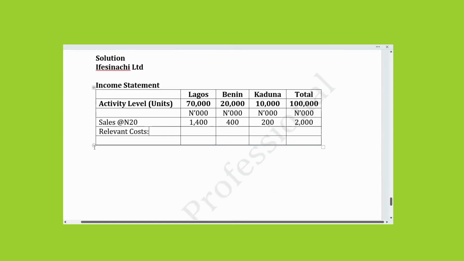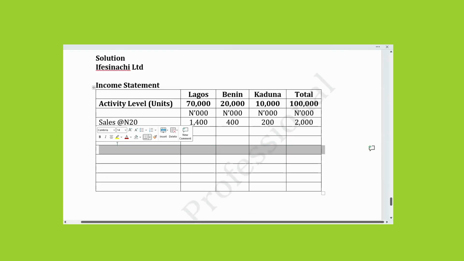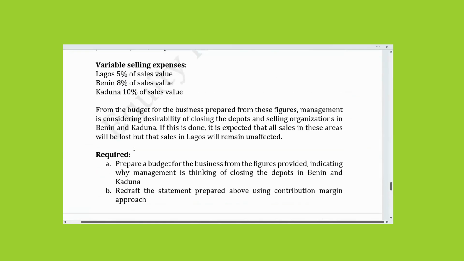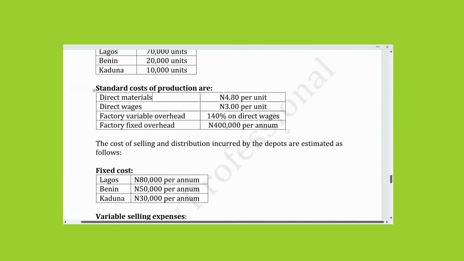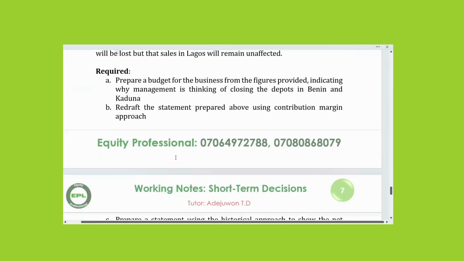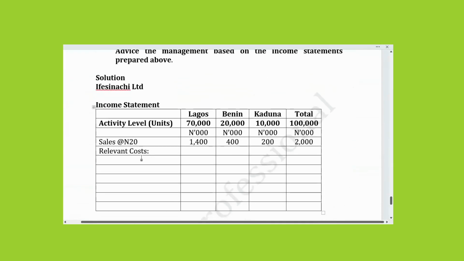So let's go and identify relevant costs in the question. Let's go back. The first item is direct material, which is 4 naira 80 kobo. Direct material at 4.8.